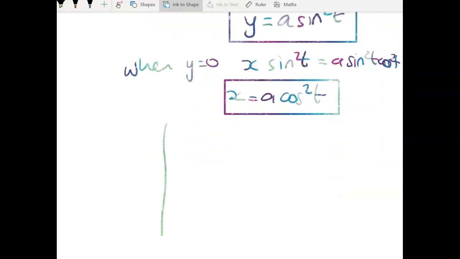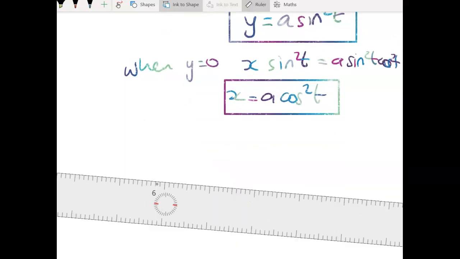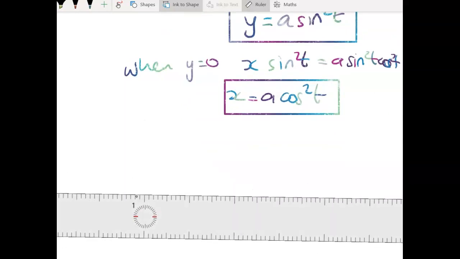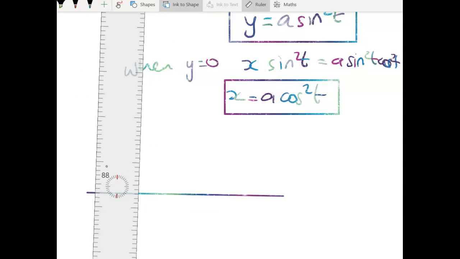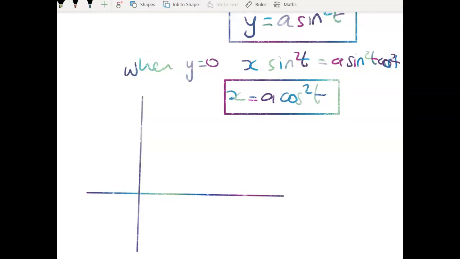Right, let's draw that. I'm just going to draw some decent axes because I hope no one's watching who's being disapproving of my lack of straight lines with a ruler. There we go. Right, let's biff in some nice axes, get rid of the ruler. So where's my y-intercept? It's up here, and it's at a sine squared of t.